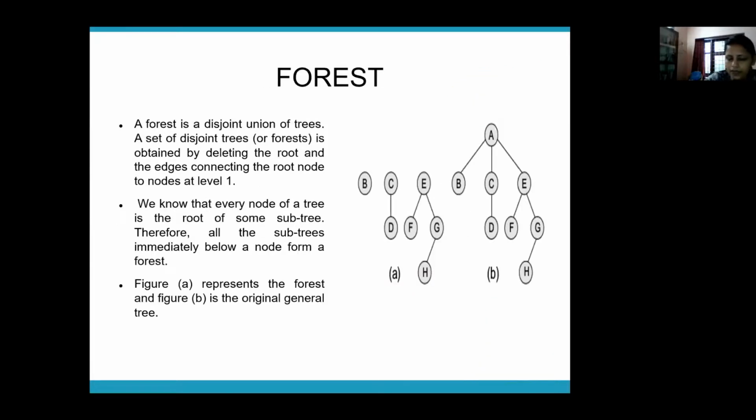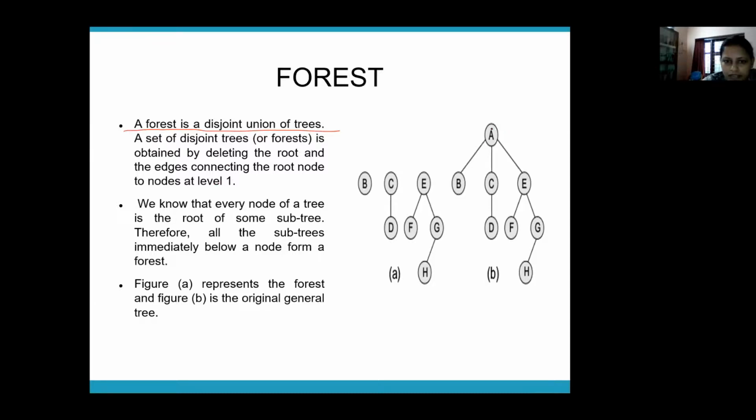The next kind of tree is called a forest. Look at the definition of a forest. A forest is a disjoint union of trees. A set of disjoint trees is obtained by deleting the root and the edges connecting the root node to the nodes at level 1.